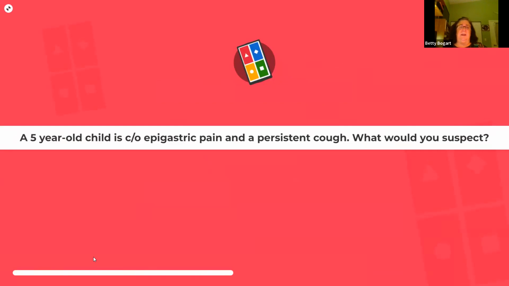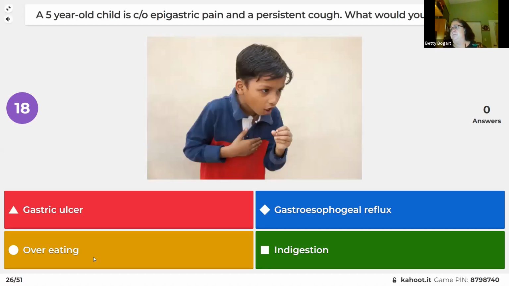A 5-year-old is complaining of epigastric pain and a persistent cough. What would you suspect?